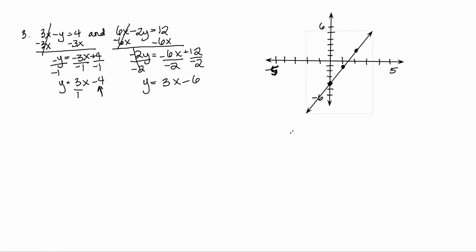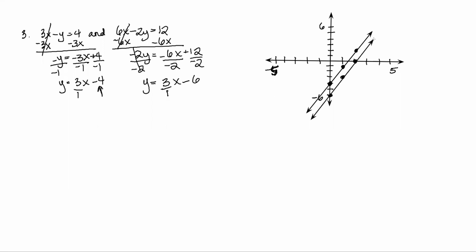Now let's try it with the other one. So our y-intercept is negative 6. And our slope is, again, 3 over 1. So we're going to go up 3, right 1. So up 1, 2, 3, right 1. And then let's go one more time. Let's go up 1, 2, 3, right 1. And again, it's a little inaccurate because we're doing it without graph paper on here.